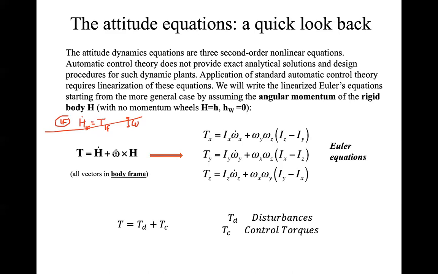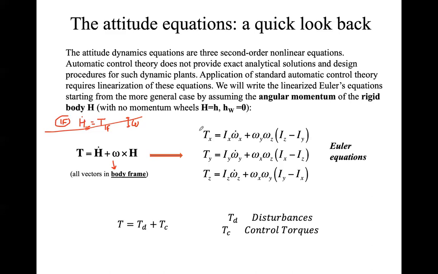So how the body frame is spinning with respect to the inertial reference frame. This represents the expression that you have to use when you have something expressed in the body frame.